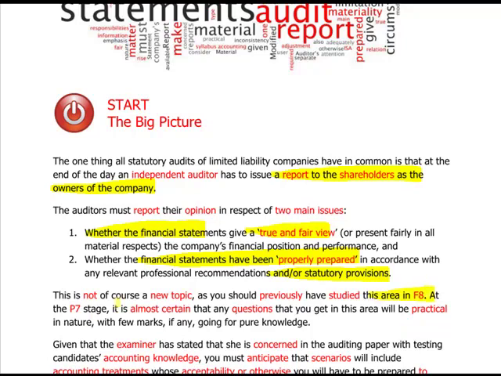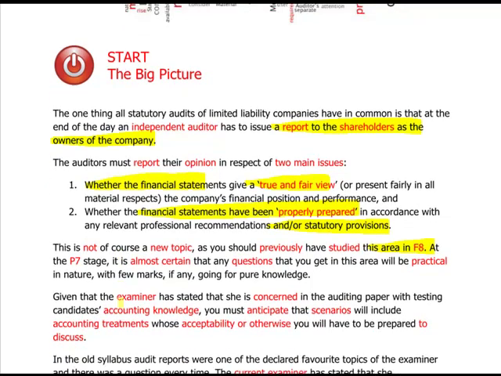At P7, it's almost certain that any questions you get in this area will be practical. For instance, the examiner will give you an audit report as drafted and will ask you to give your opinion on how good it is based on a scenario. Now the examiner states she's rather concerned, in the auditing paper, that she is testing accounting knowledge, and therefore you must anticipate in a scenario some accounting treatments upon which you will discuss the audit opinion.